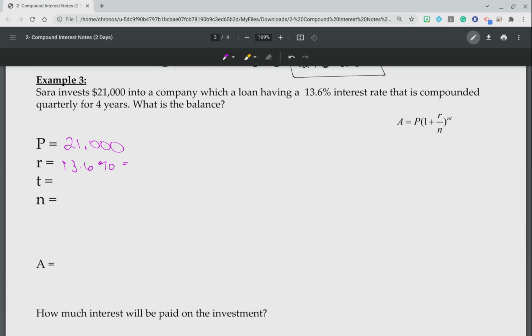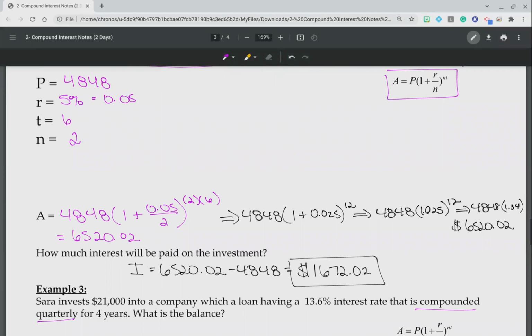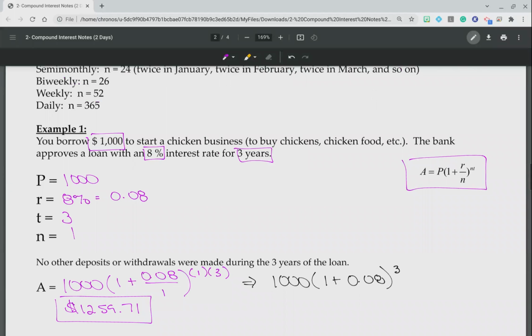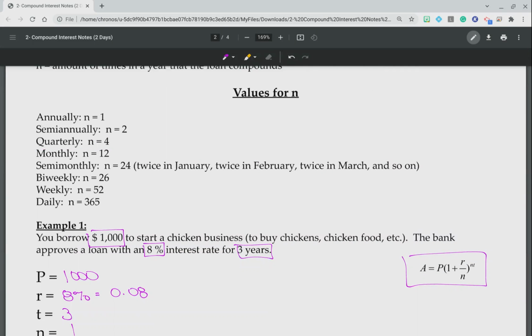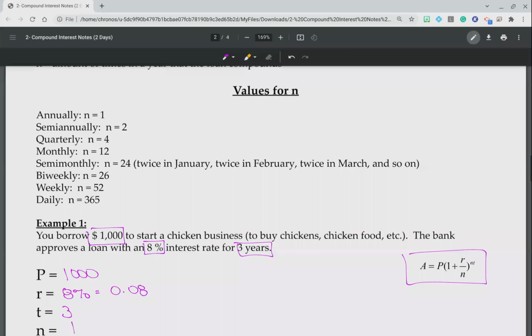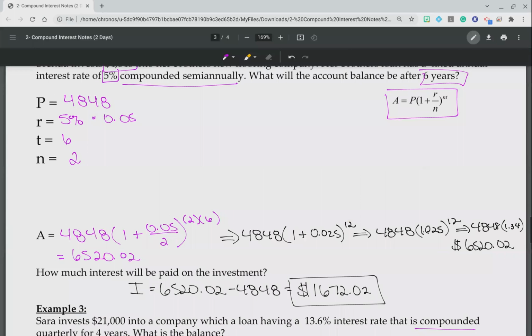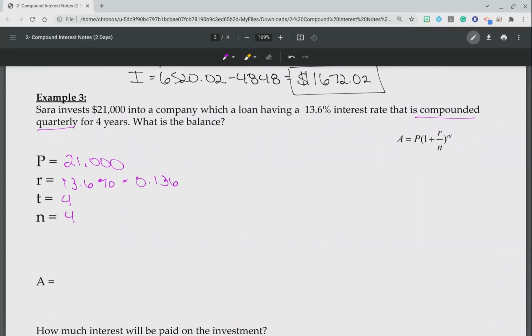But remember, if I take that and divide it by 100, I get that to be 0.136. Our T is 4 years. And compounded quarterly, if you don't remember, quarterly would be 4 times per year, so our N is going to be 4. All right, and let's plug that into our formula.